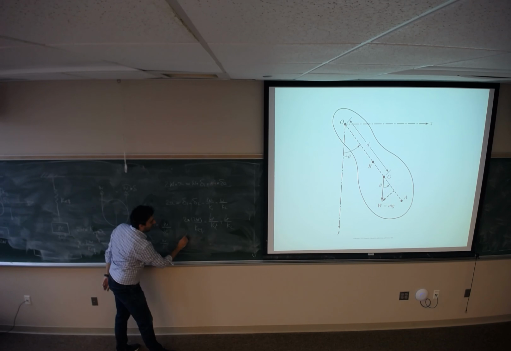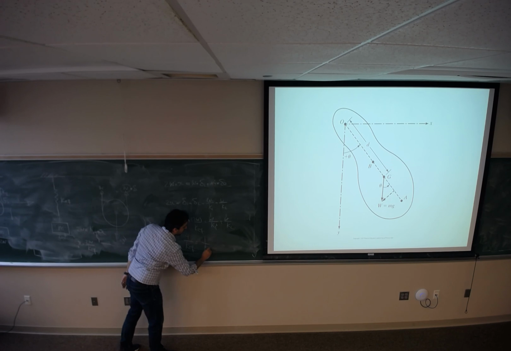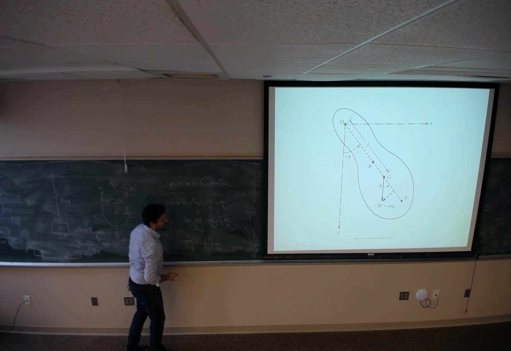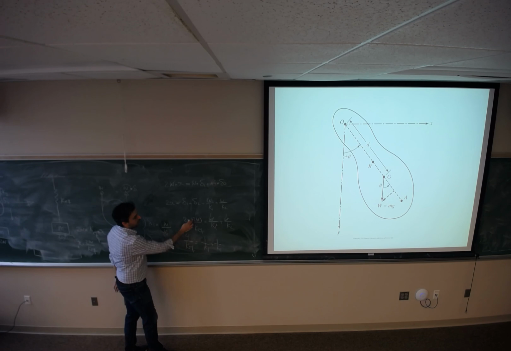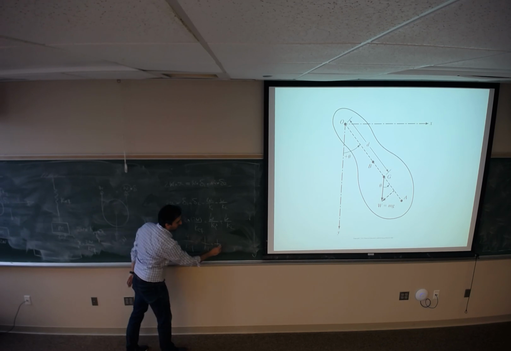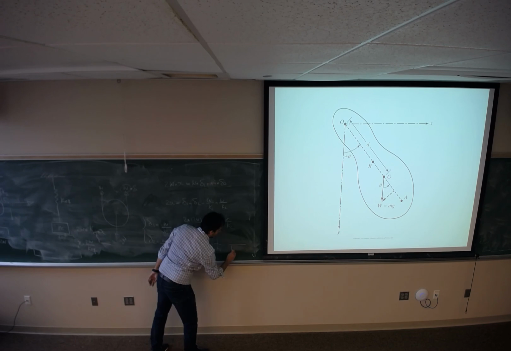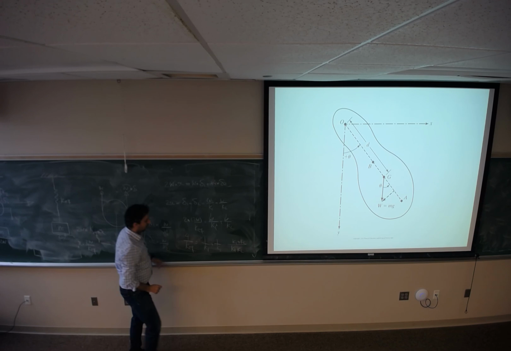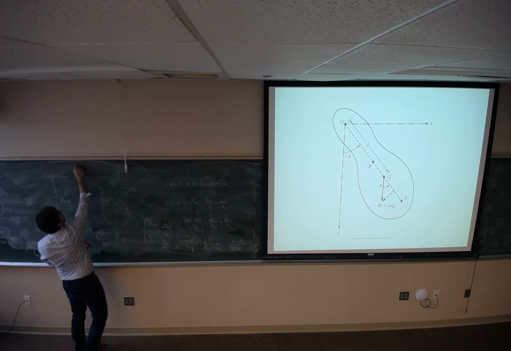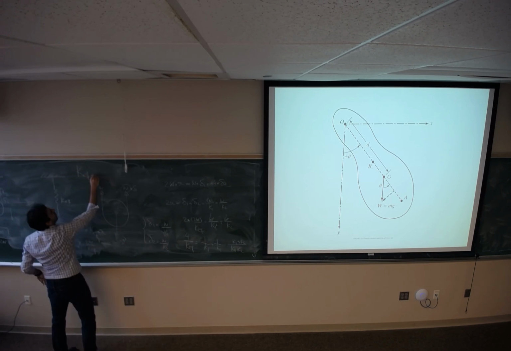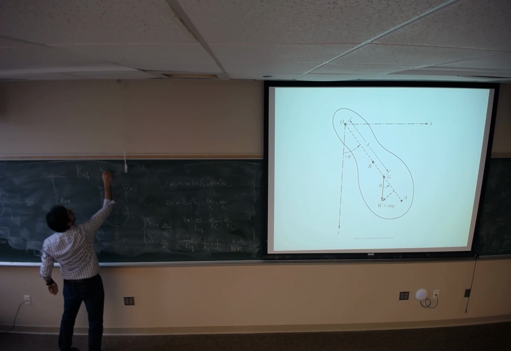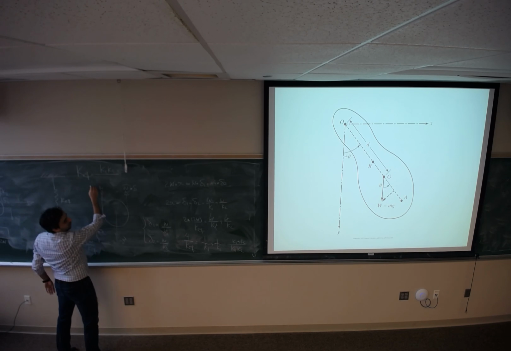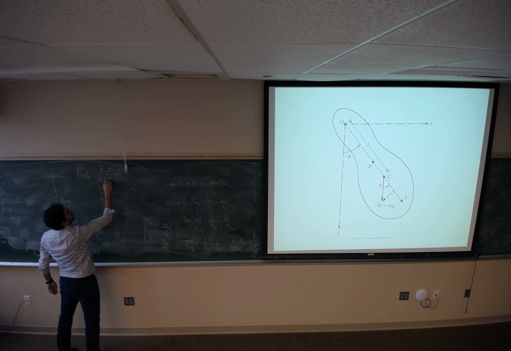I will get 4 over K equivalent equals 1 over K1 plus 1 over K2, which is (K1 plus K2) over K1 K2. If I flip this, K equivalent would be K1 K2 over 4 (K1 plus K2).